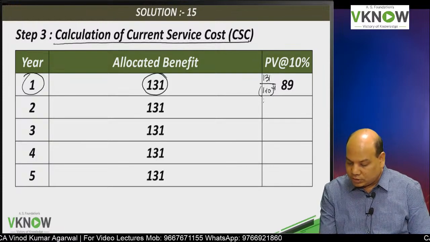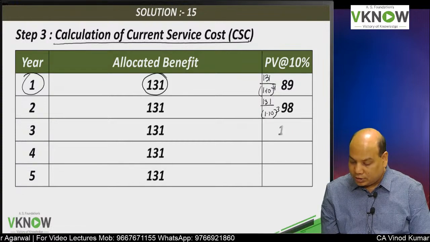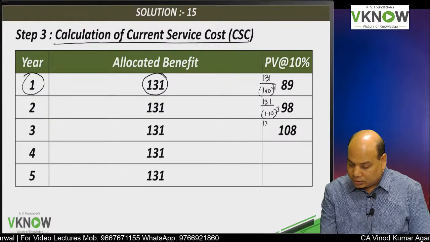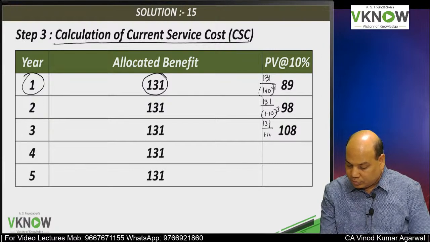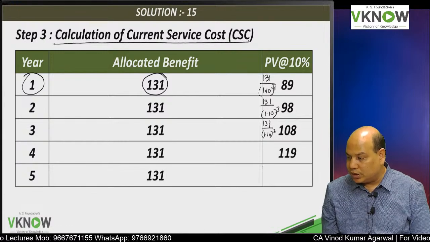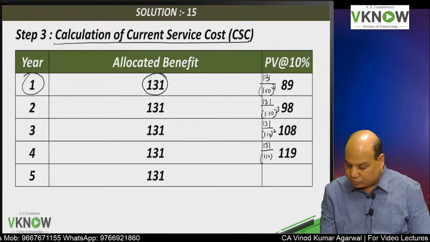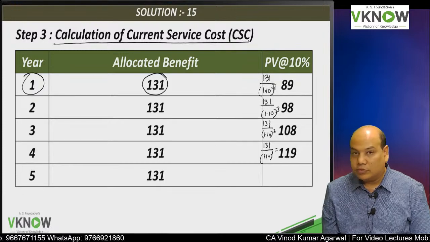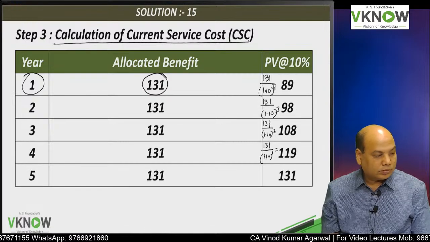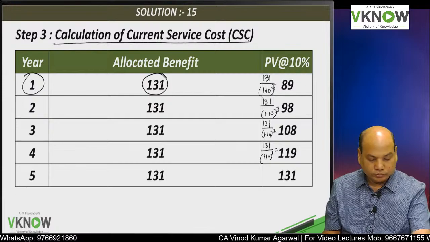Now you try 131 divided by 1.10 to the power 3, and that is equal to 98. 131 divided by 1.10 to the power 2, that will come to 108. 131 divided by 1.10 to the power 1, 119, and the last one no need to discount, the last one will remain same.